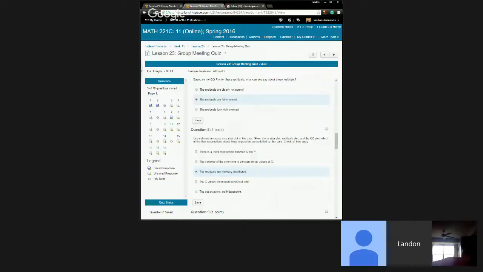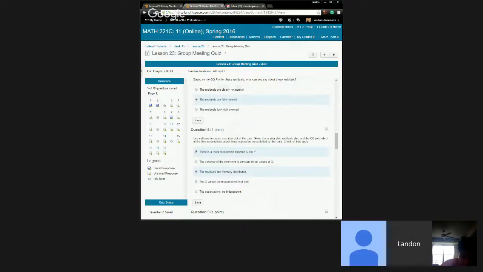So I guess by this data, we can say that A is right, because they do have a linear relationship. The variance of the error term is constant, but I don't actually know how to check that.